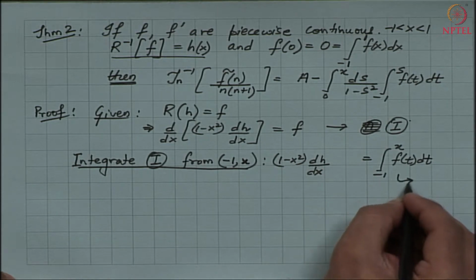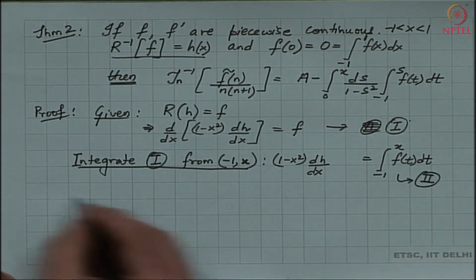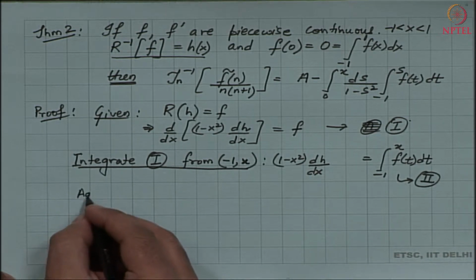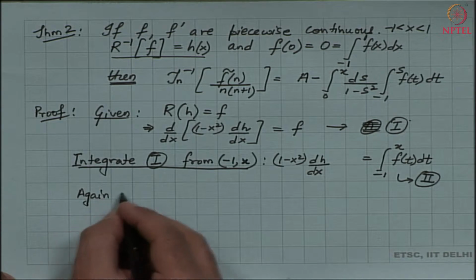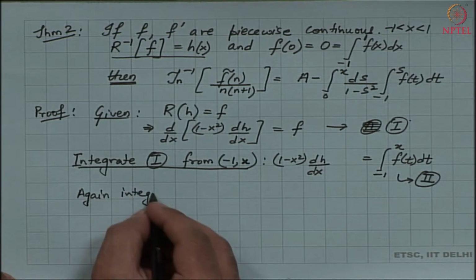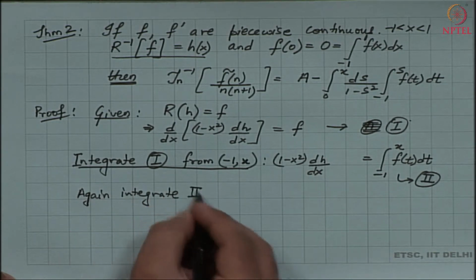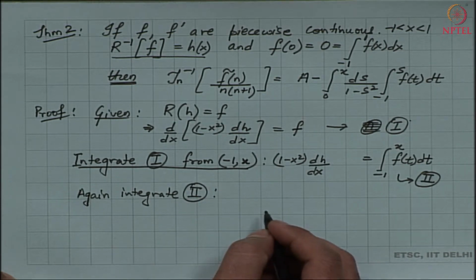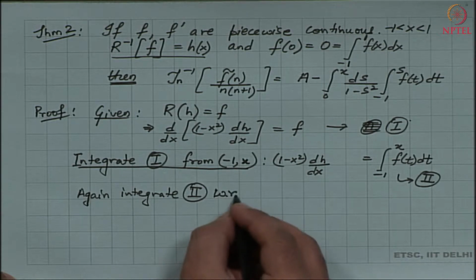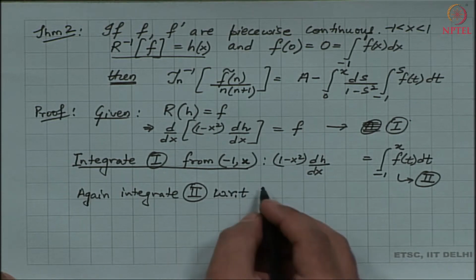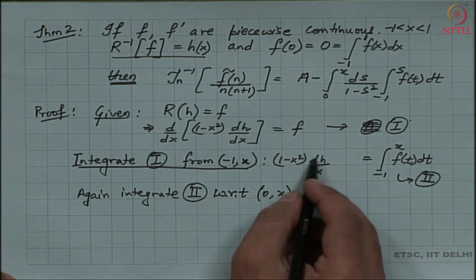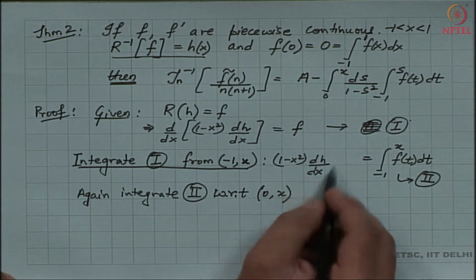Let me call this 2. Then I integrate 2 again, this time with respect to the limit 0 to x, and I can immediately get my function h.